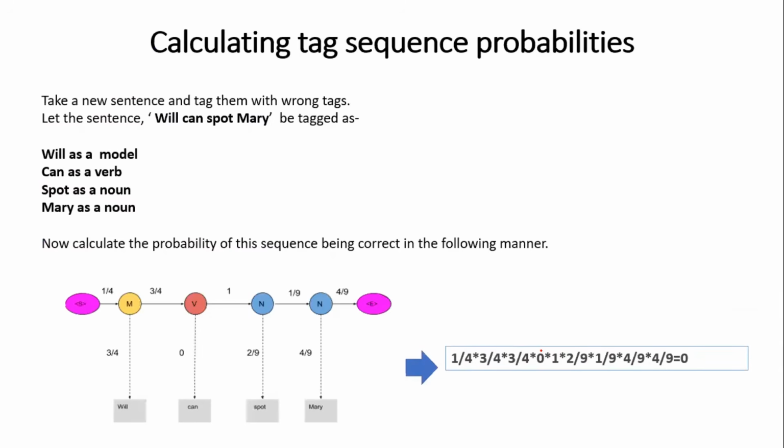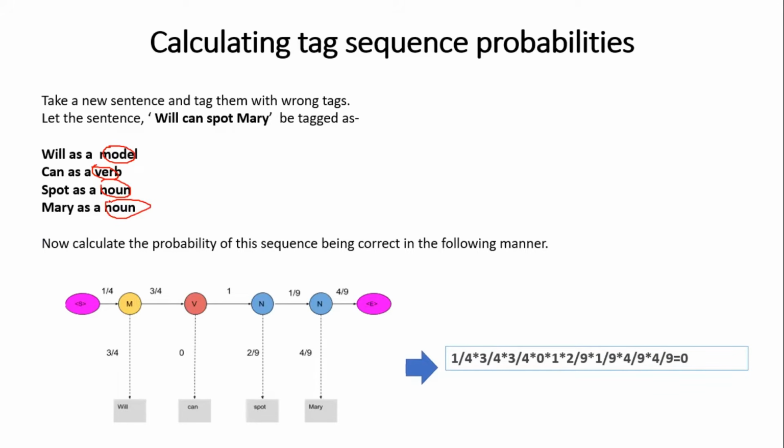And then let us take a sentence now. And here, Will can spot Mary. So we just tagged this sentence, assuming Will as modal, can as verb, spot as noun, Mary as noun. So we are taking this sequence randomly.